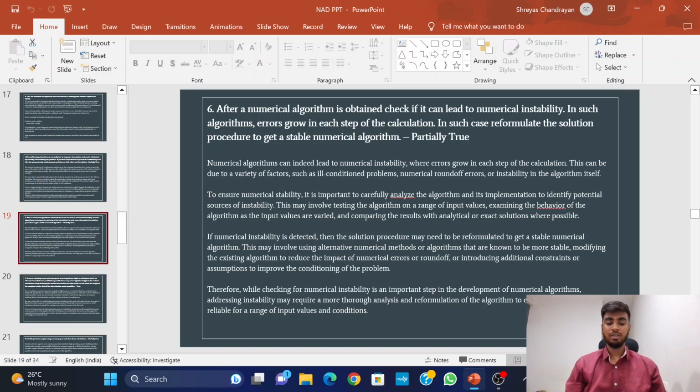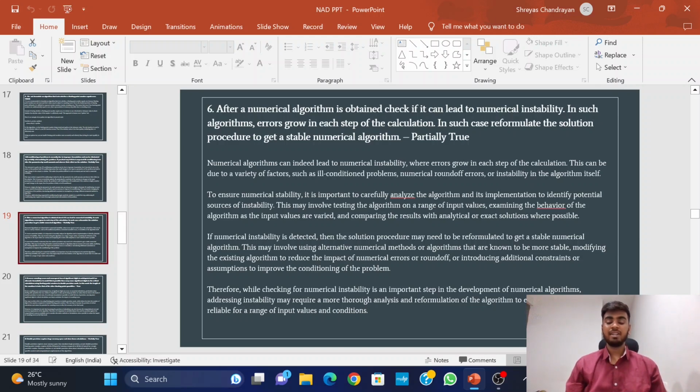To ensure numerical stability, it is important to carefully analyze the algorithm and its implementation to identify potential sources of instability. This may involve testing the algorithm on a range of input values, examining the behavior of the algorithm as input values are varied, and comparing the results with analytical or exact solutions where possible.